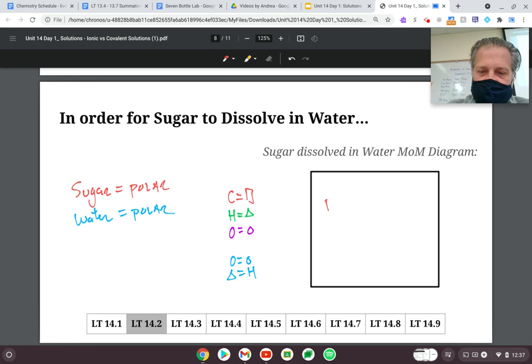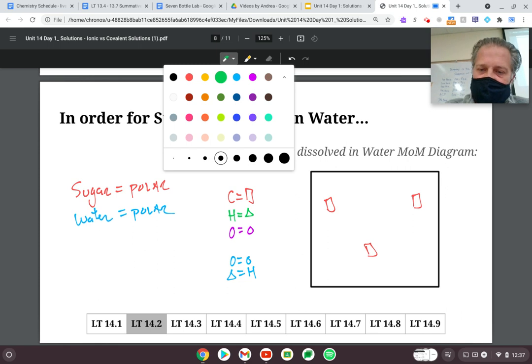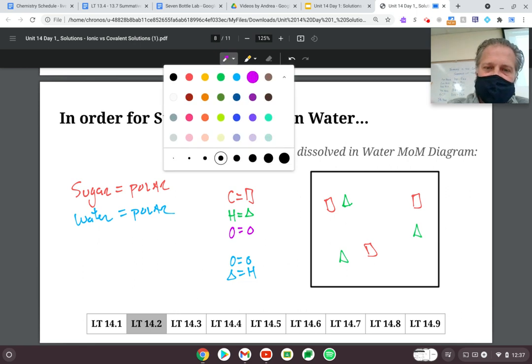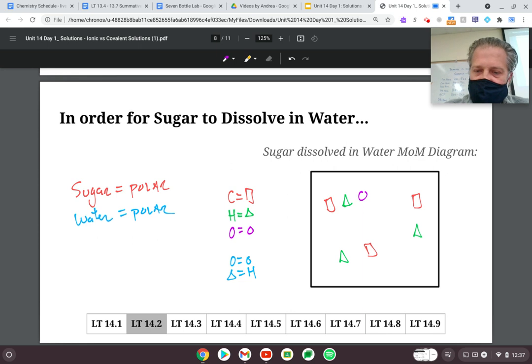So here I have carbon, and maybe another carbon, and another carbon, and a hydrogen, and a hydrogen, and then an oxygen, oxygen, and oxygen. And I'm going to try to get those a little closer together.